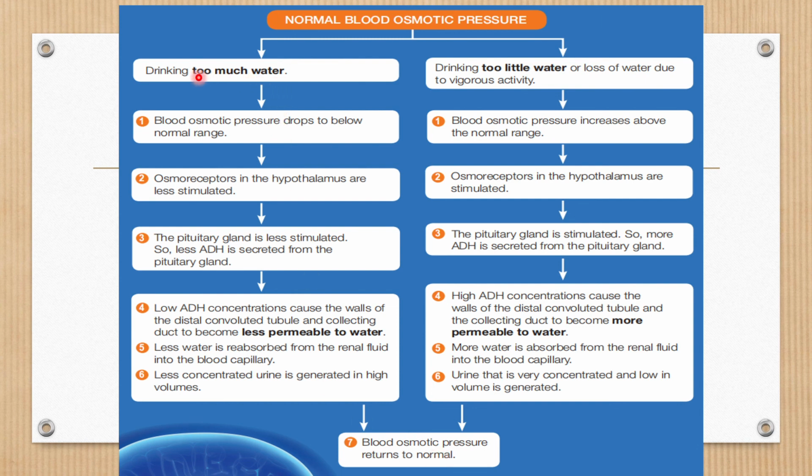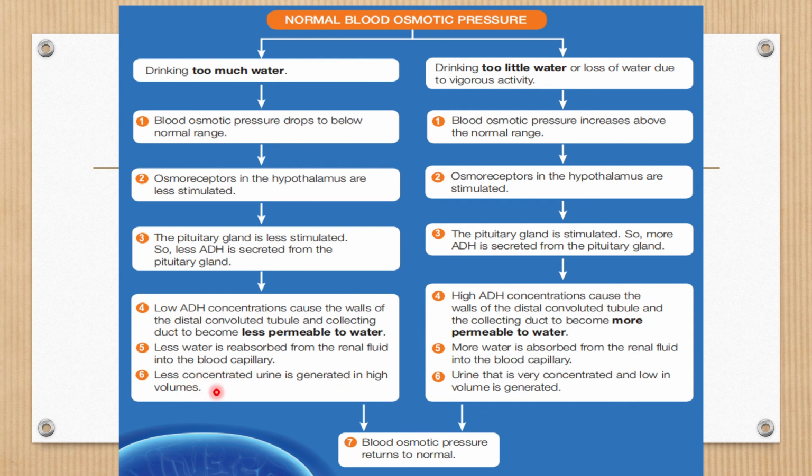In the condition where you're drinking too much water, in the end you will pass out urine which is less concentrated, isn't it? And it is not as yellow, it is not concentrated, because less water is being reabsorbed from the renal fluid back into our blood. Therefore, we will excrete urine in high volume and less concentrated.